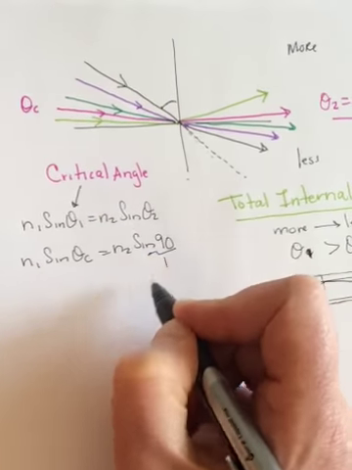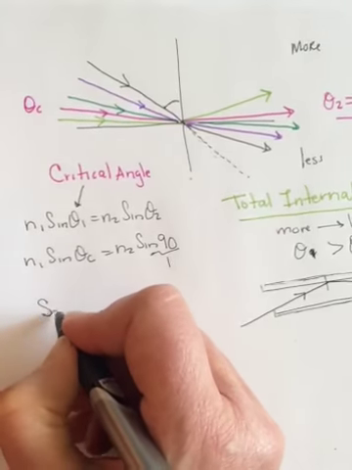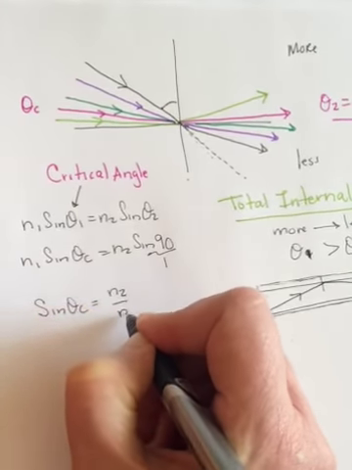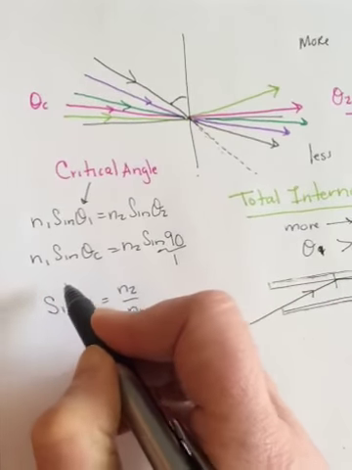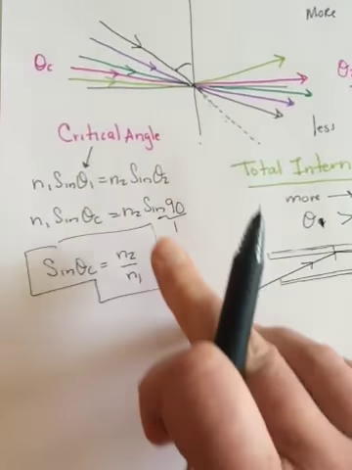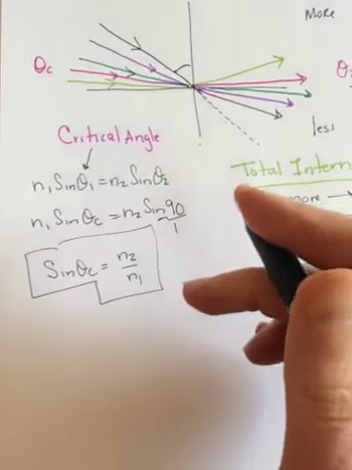The sine of 90 is just 1. So this becomes sine theta C is equal to N2 over N1. Okay, so this is our equation for critical angle, which really comes directly from Snell's law.